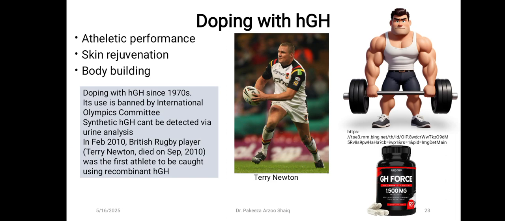And the first athlete who was identified as having doped with human growth hormone was the British rugby player Terry Newton. There is another aspect to it which is traumatic, that he got so depressed when he was caught using recombinant human growth hormone that he actually died by suicide in September 2010.